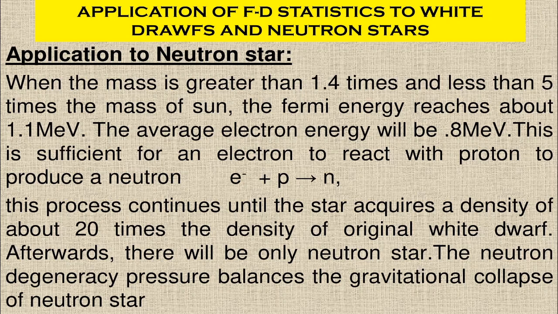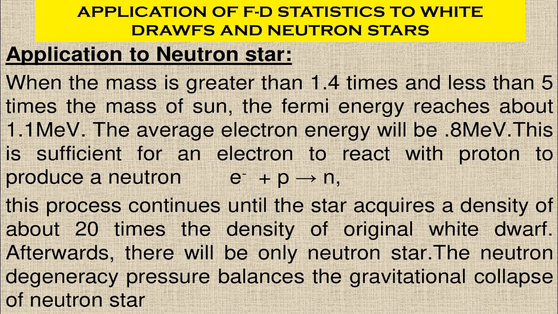This energy will be sufficient for an electron to react with a proton to produce a neutron. We know this process: a combination of electron and proton gives a neutron. But we need sufficient energy for this reaction to happen. This process continues until the star acquires a density of about 20 times the density of the original white dwarf.